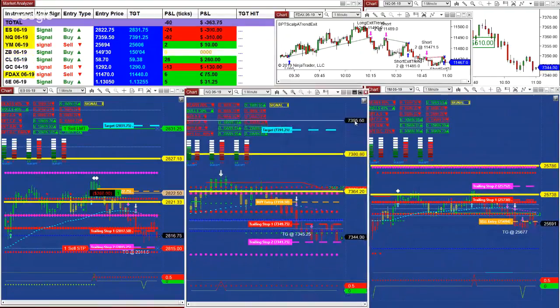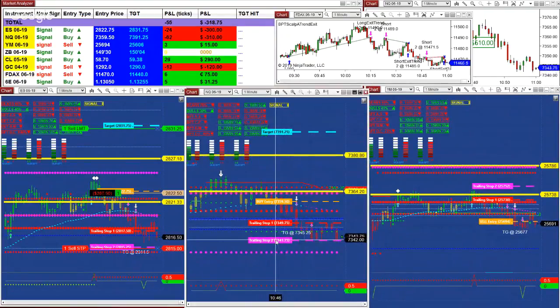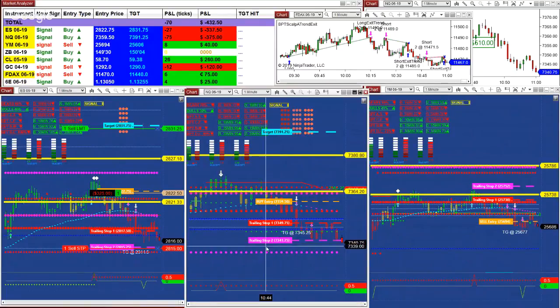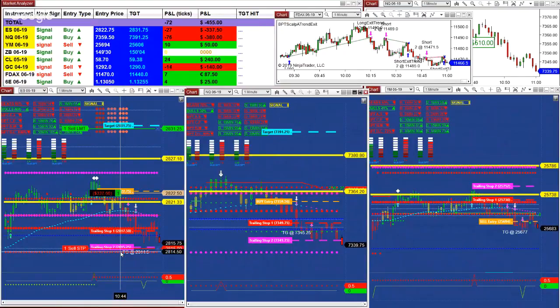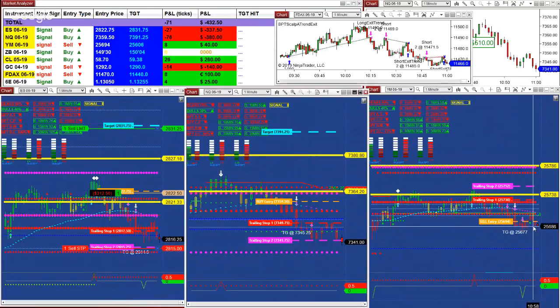As long as the Nasdaq is above 341.75, we do not have a short trade. We need to see this one below, and we need to see this ES below the 1450 before we can initiate a short trade. So the only thing we have open right now is this one here.